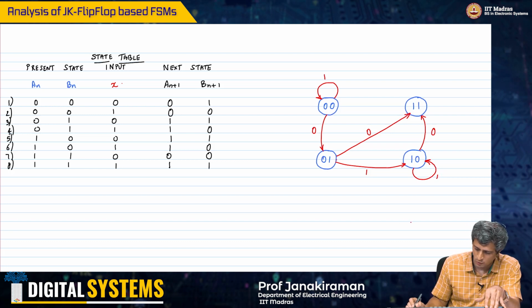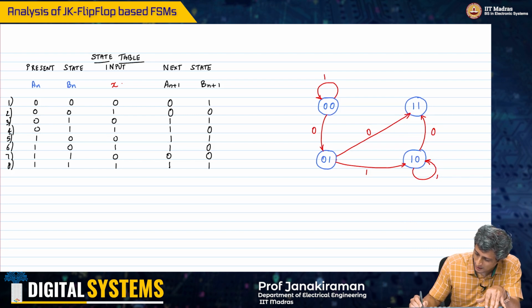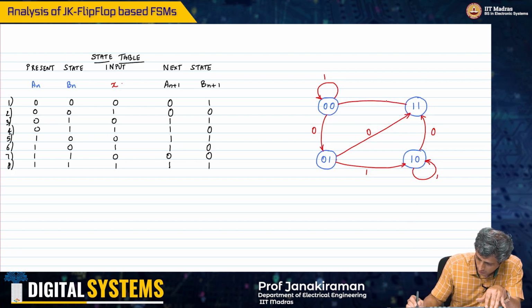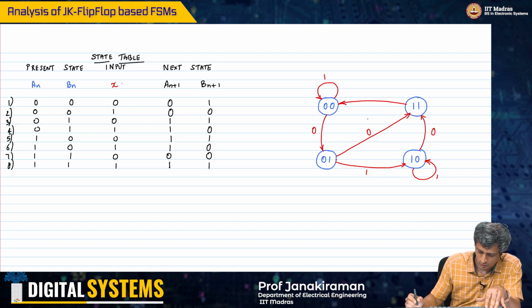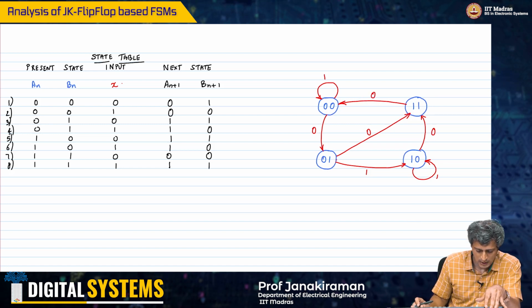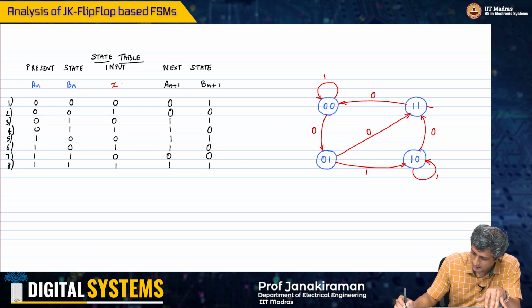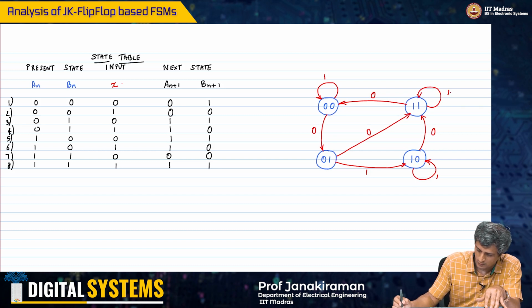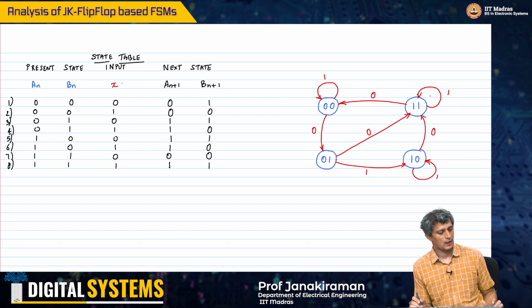Finally, you come to 1 1, and if the input is a 0, you come back. And if the state is 1 1 and the input is a 1, then you remain in the state 1 1.